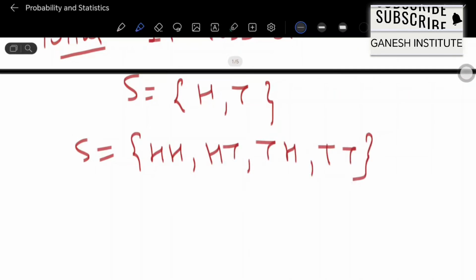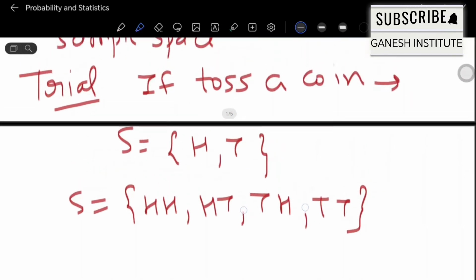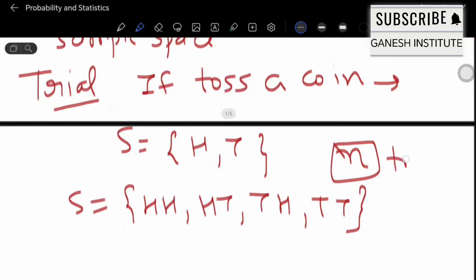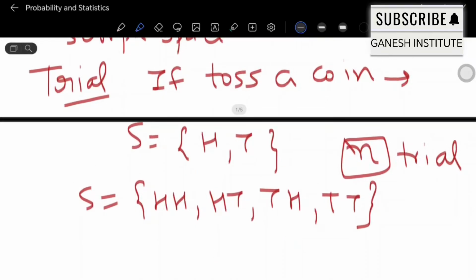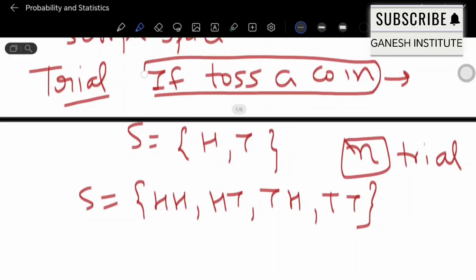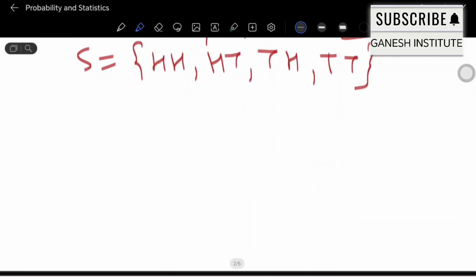Or we can do it thrice, four times, as many times as you want. So this is a trial. If we are doing it n number of times, then there will be n trials. Each trial will result in either head or tail, right?